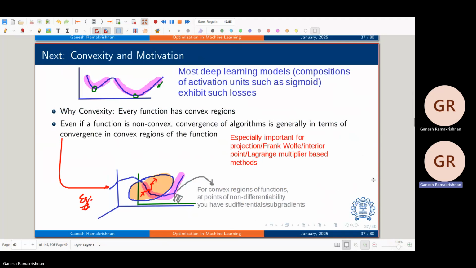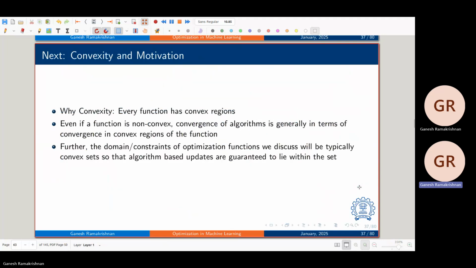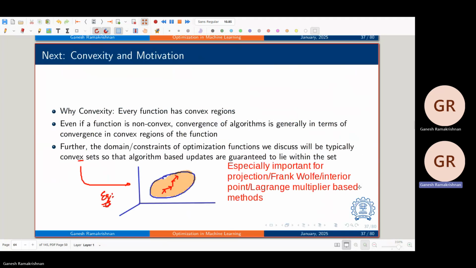A typical course on convex optimization spends almost half a semester only on convex sets. We won't do that here, but just to give you a flavor. In some of my earlier courses on convex optimization, I went into great detail on the theory part.